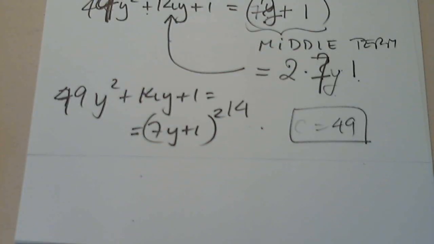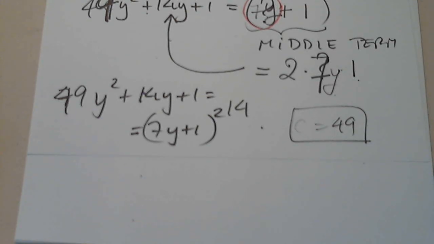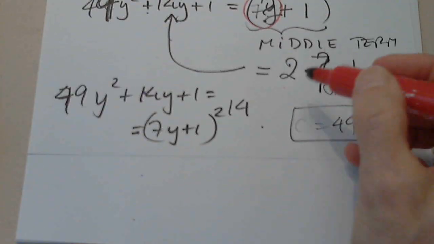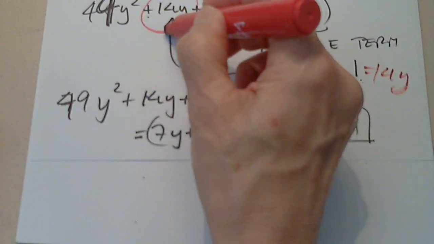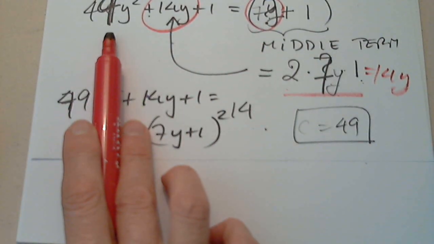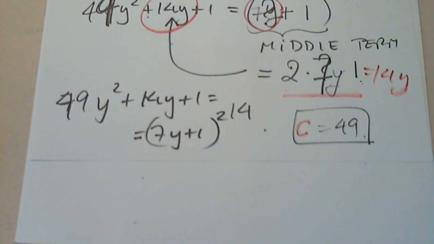There is nothing else but 7y. Only 7y will work here. So this is indeed the 14y we have here. Therefore, (7y) squared is 49y squared. So C equals 49. Very good question.